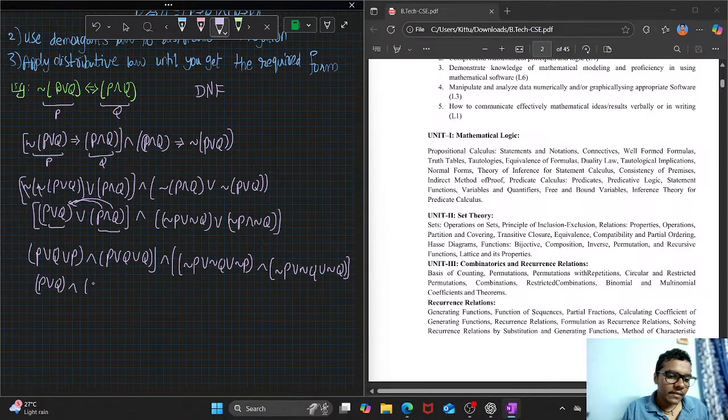All right, let's see where this goes. And we got again a P or Q, and we got negation of P or negation of Q, and negation of P and negation of Q. Wow. How beautiful is this?